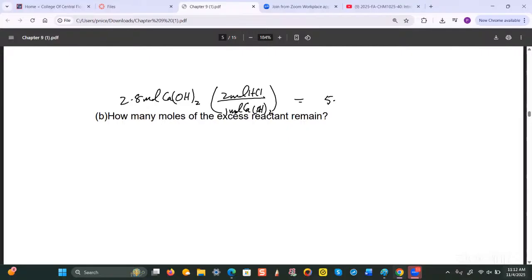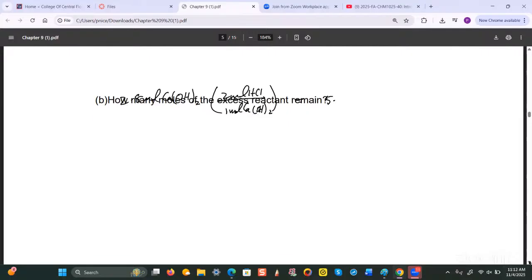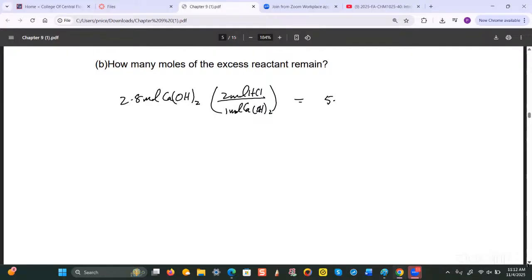All right, so if we do the calculation for the amount of HCl that will react, that would be 5.6 moles of HCl, right? So this is the amount of HCl that reacted. What the question is asking for is the amount of HCl remaining.